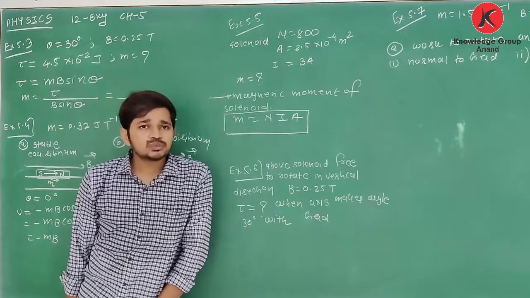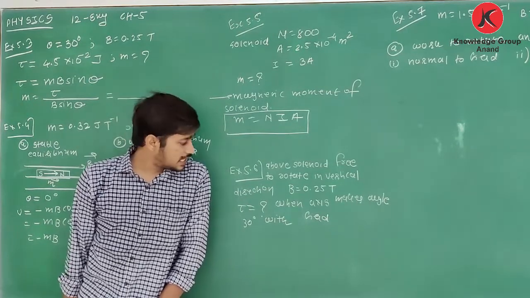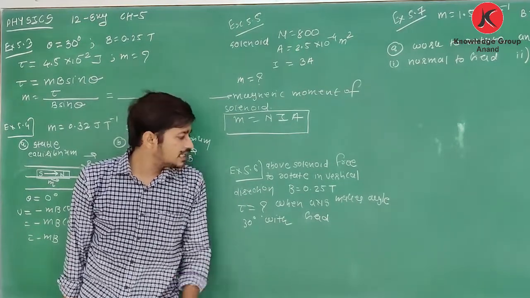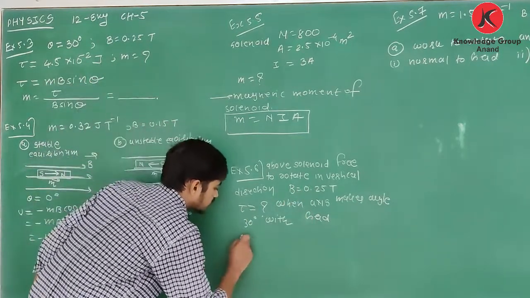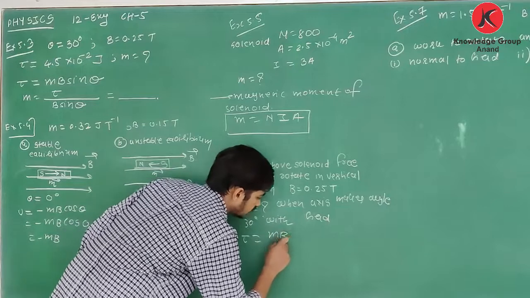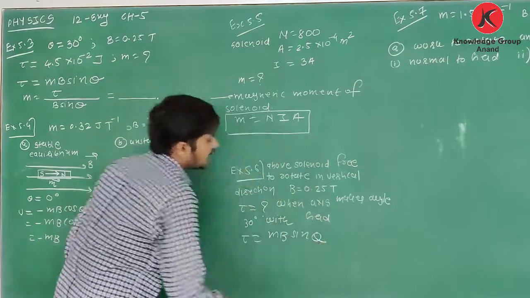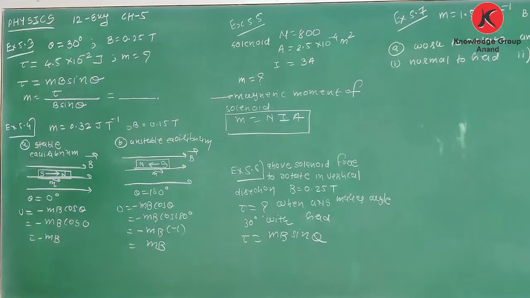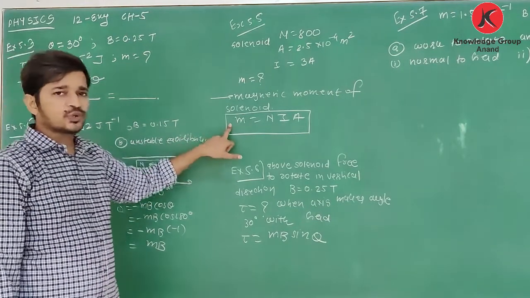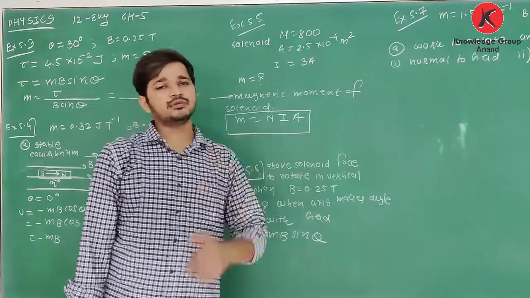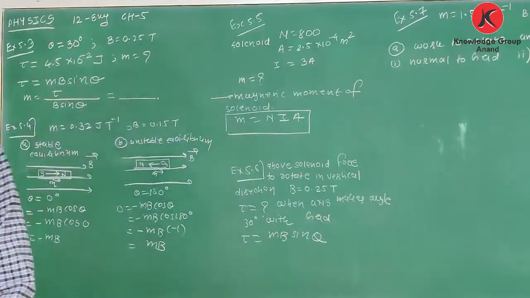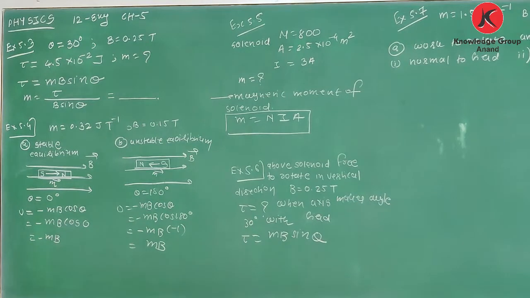So the angle between the axis, meaning the magnetic moment, and the magnetic field B is given as 30 degrees. You have to find the torque. So tau is equal to mB sin theta. What is m from the previous question? B and theta are given, so you can easily calculate tau.